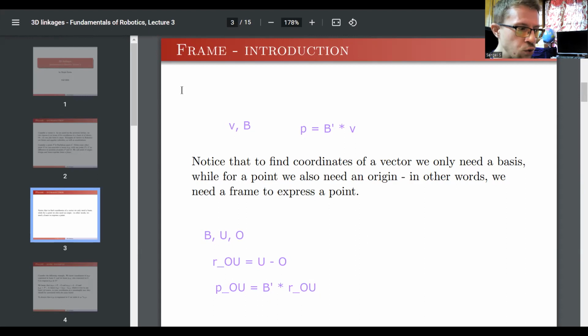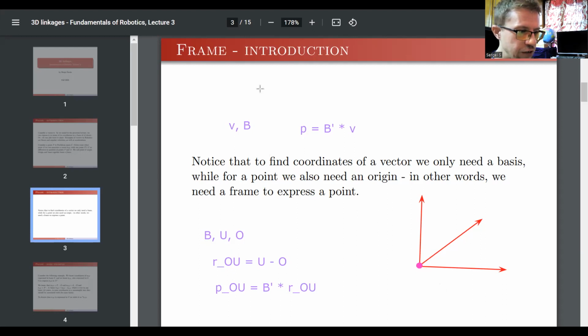Origin and basis together form what we call a frame. So a frame is three vectors which form a basis. The basis has to be orthonormal. That is understood. We visualize it as a frame having an origin.